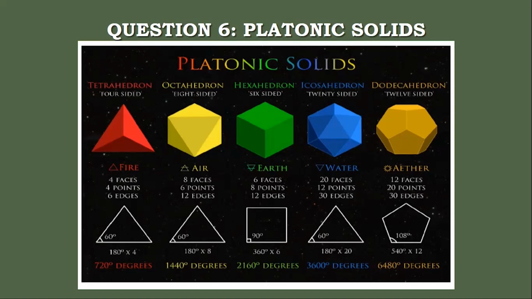So this one has regular triangles, and the next one, the octahedron, is also made up out of regular triangles. And then the hexahedron with the 6 faces has square faces. So if it's a square, it means all the sides are the same length and all the angles inside are the same. They are all 90 degrees.